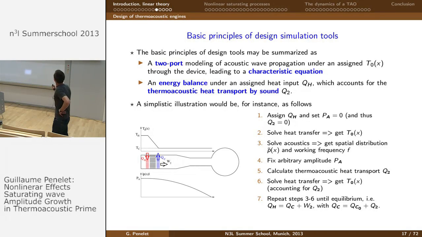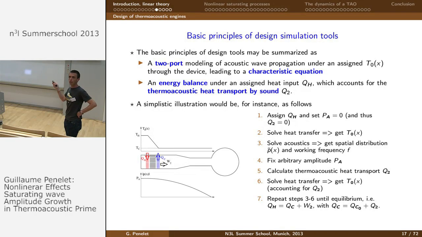And also we need to couple this two-port modeling with an energy balance that accounts for the heat transport by sound. So let's assume we have this device. What we do is first that we put a heat input, and we first assume that we have no acoustic waves. From this heat input, we can calculate the temperature distribution along the device.